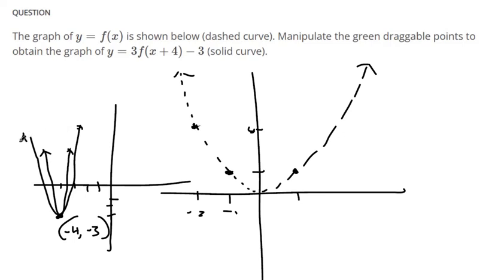Okay. And another way you could get that is you could say, let's find out what the y value is when I plug in negative 3 for x, just like we did in the last one. So it's f of negative 3 plus 4, which makes 1. And to find out what f of 1 is, remember f is the original function. So this means go to 1 on the x-axis.